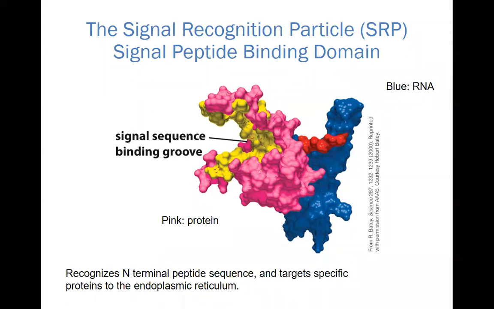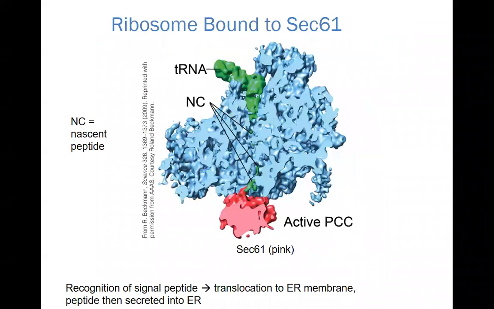So there's the signal recognition particle, usually that's attached to some sort of filament that will then transport your protein to the ER, where it then gets further modified. So this is Sec61, which can be bound to the ribosome while it's making a protein.